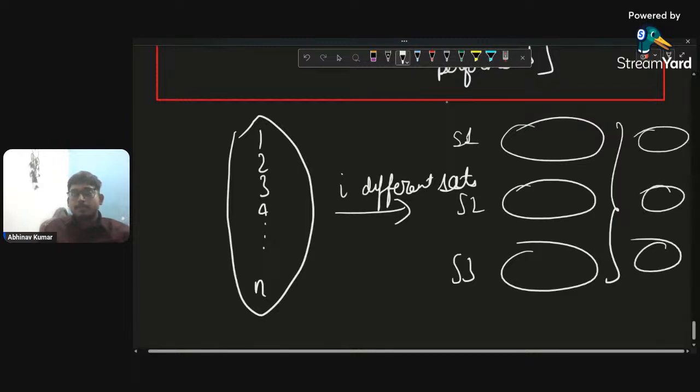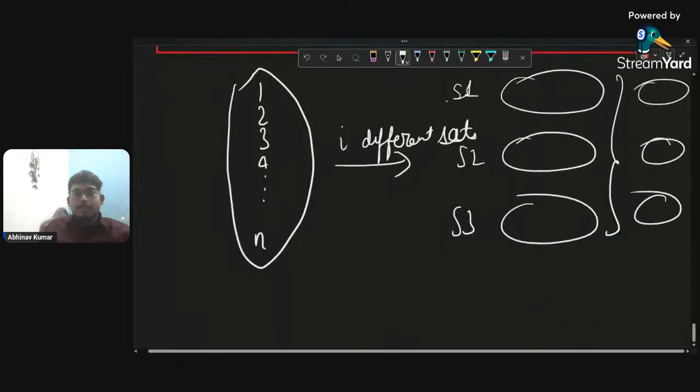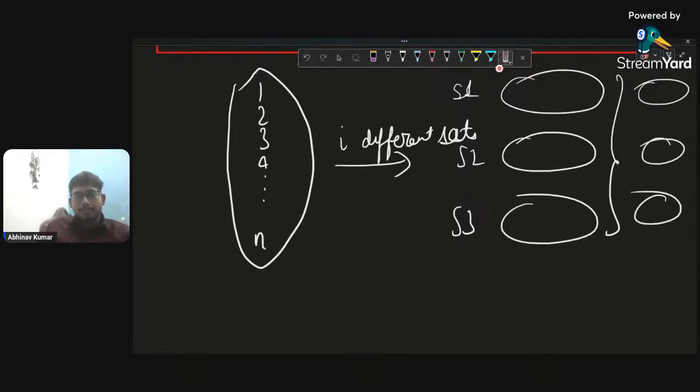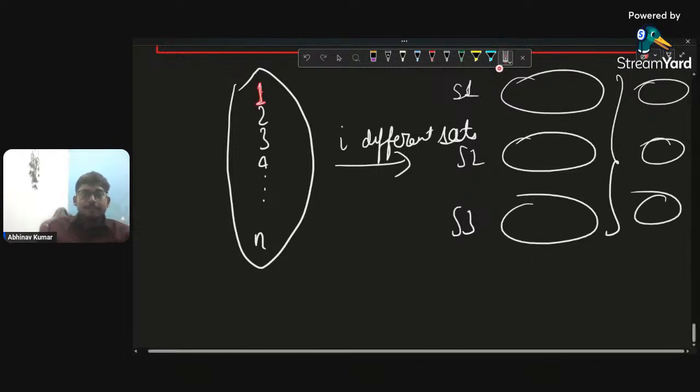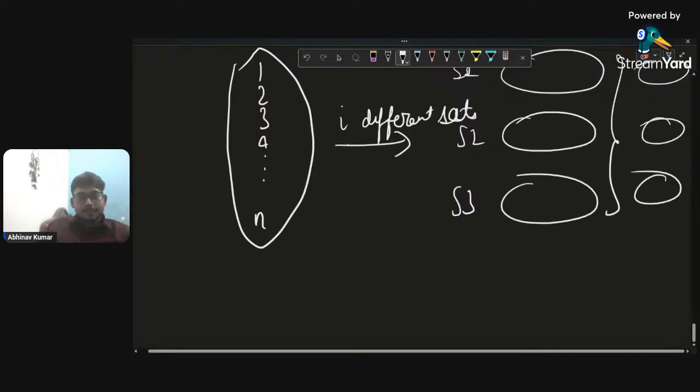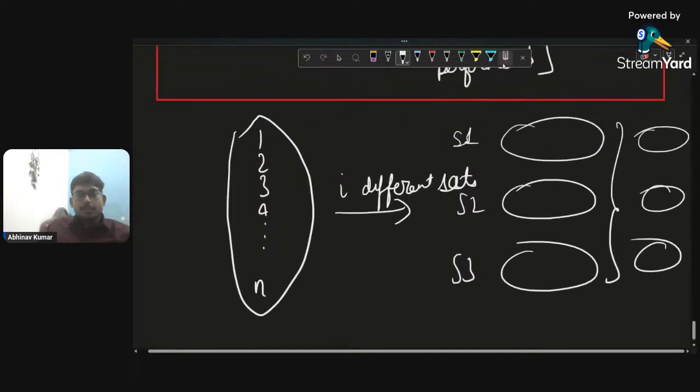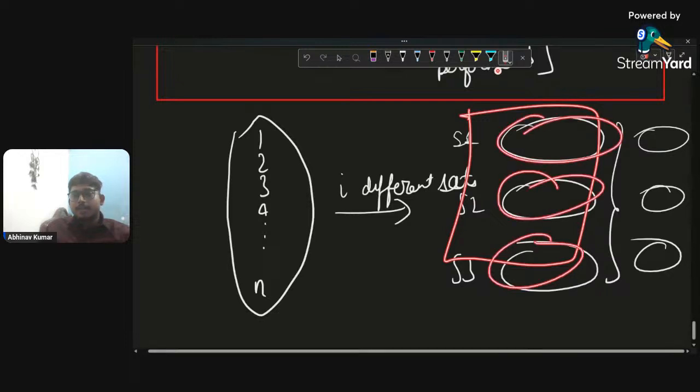In order to divide these n people into I different sets, we need some DP approach. First of all, if I find some ways to divide these n people into I different sets, then I would assign these I sets to I different stages.